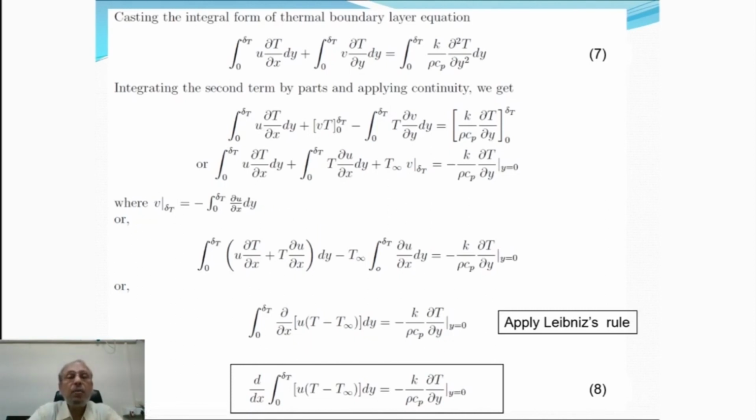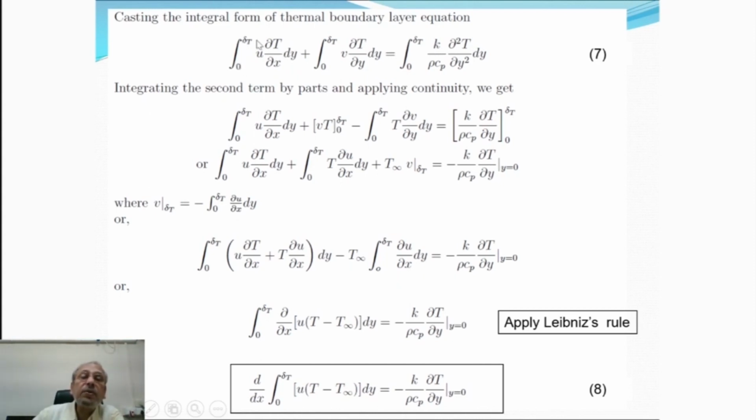So now having solved the velocity boundary layer, we take up the thermal boundary layer equation. And in the thermal boundary layer equation, again we integrate term by term within the thermal boundary layer. That means every term is integrated with respect to dy within the thermal boundary layer from 0 to delta t.